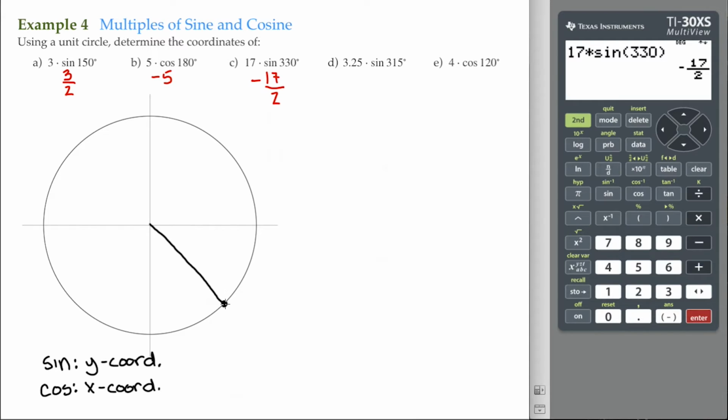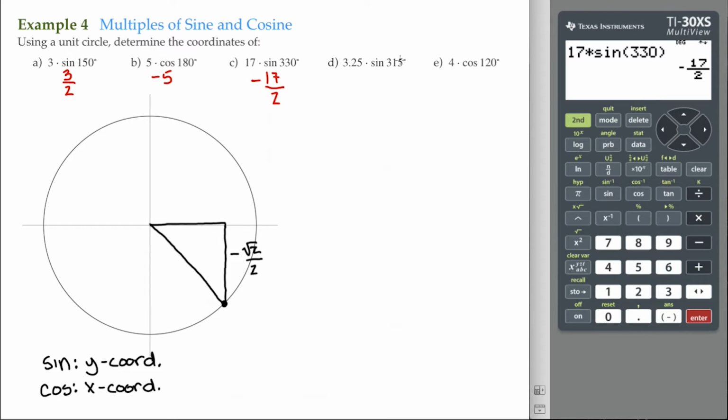So the special right triangle that it's going to make is a 45, 45, 90. The sine, so we're going to be concerned with this length right here. And of course, that is negative. Using the pattern of a 45, 45, 90, that's negative root 2 over 2.